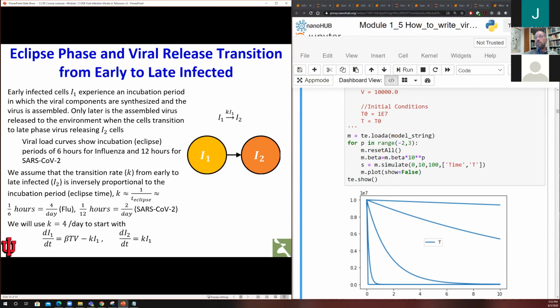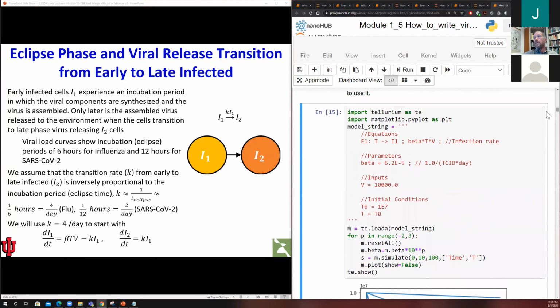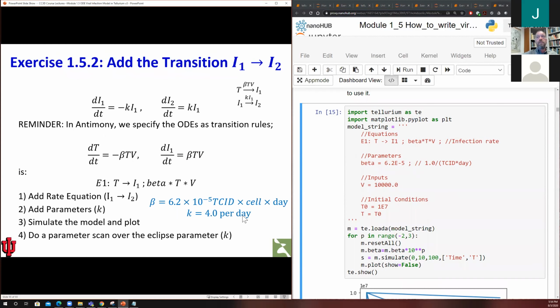So let's actually put that into our simulation. What I want you to do here, and it's actually done out in the next panel, but let's do it by hand first anyway. Let's add that transition. So the transition is I1 goes to I2 at rate K times I1.